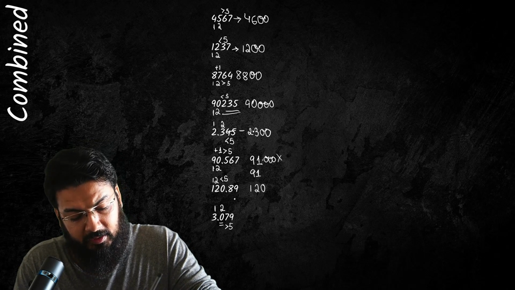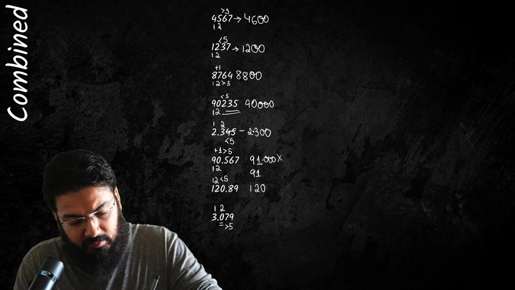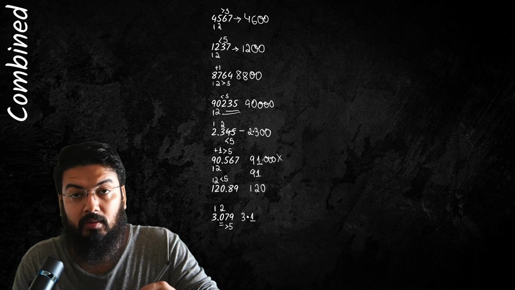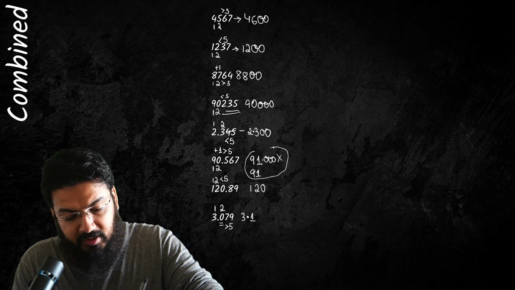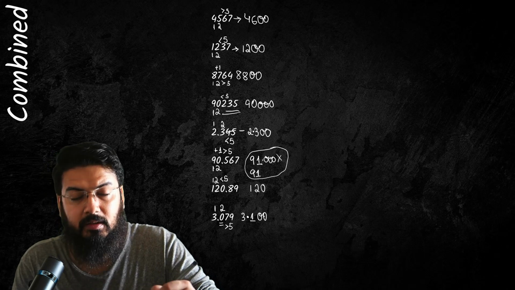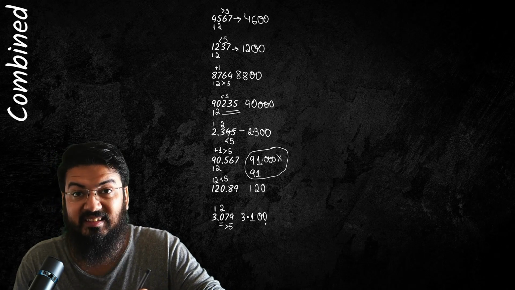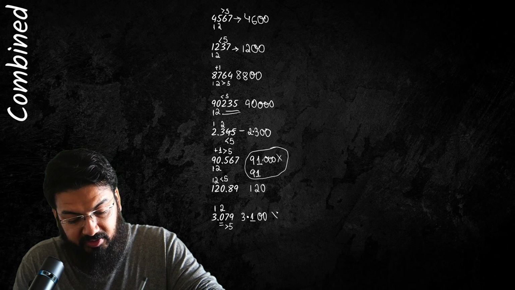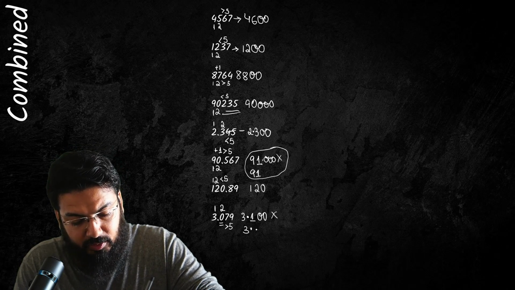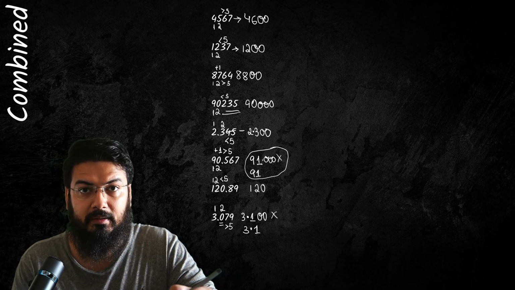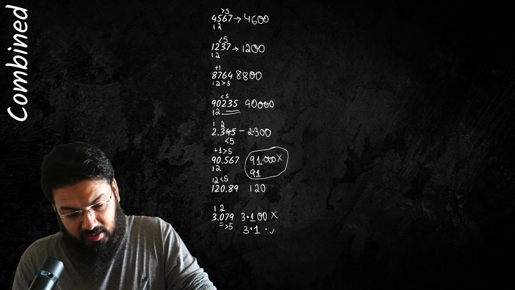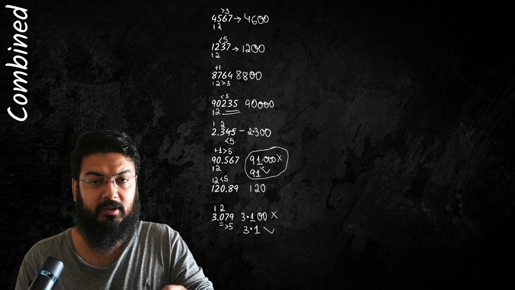So I'm going to add 1 to the 0. So it's going to become 3.1. Now, again, like we discussed over here, you should not add the remaining zeros. Why? Because they are significant numbers. So this right here would be wrong. The correct answer would be just 3.1. This right here would be the correct one.